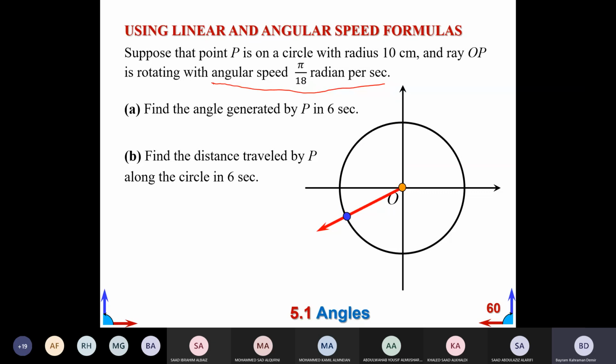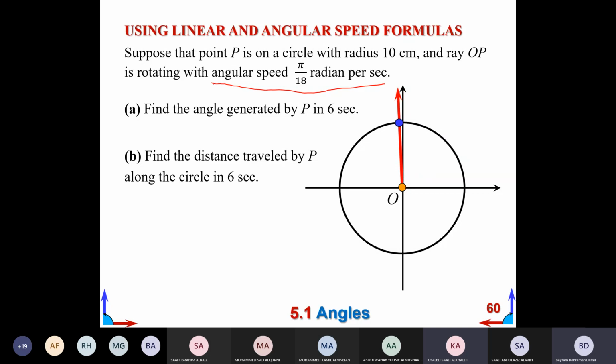So find the angle generated by the point in 6 seconds. So what shall I do? What do you think? We use the angular speed formula. So the angular speed I am giving you, it is generating pi over 18 radian in 1 second.